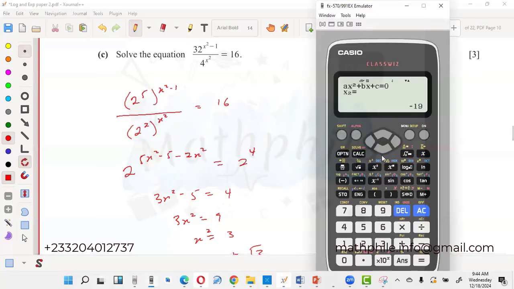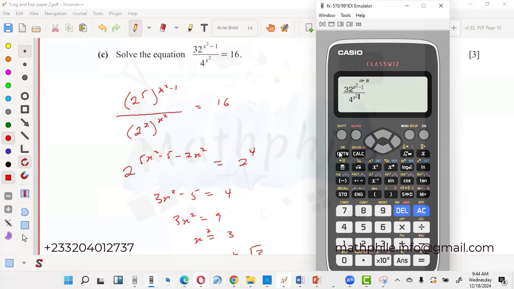So 32 raised to the power x squared minus 1 over 4 raised to the power x squared.